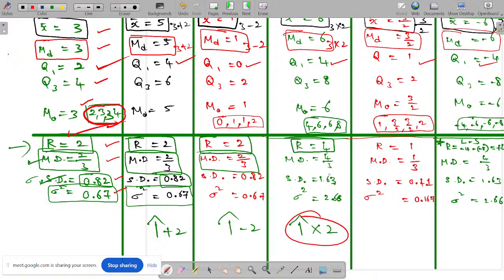Here I'm multiplying by 2, so it gets multiplied by 2. 2 into 2, 4. Original value was 2 by 3, you remember? 2 by 3 into 2, see, it's 4 by 3. When you multiply by 2, the range also multiplies by 2. Mean deviation, standard deviation, everything multiplies by 2. But for variance, we have to square the value and multiply.